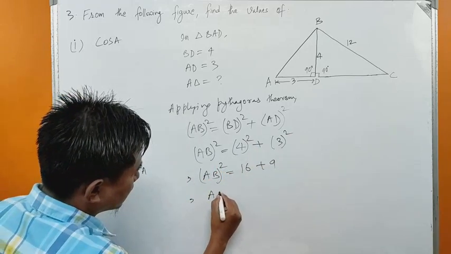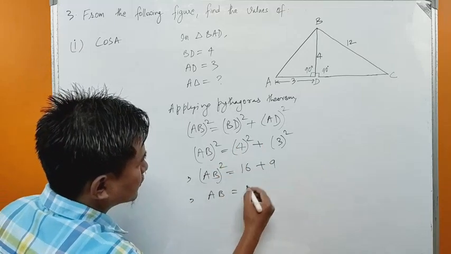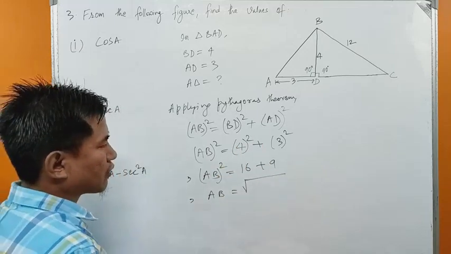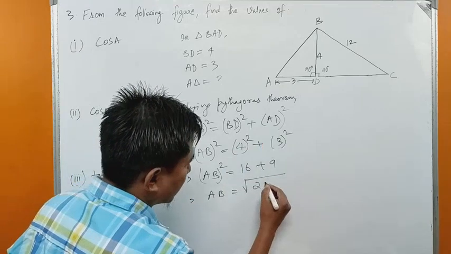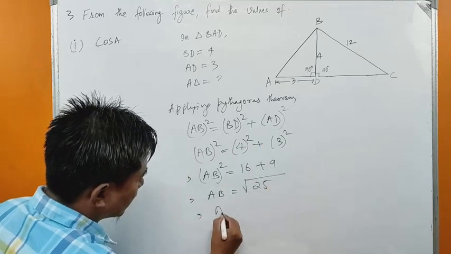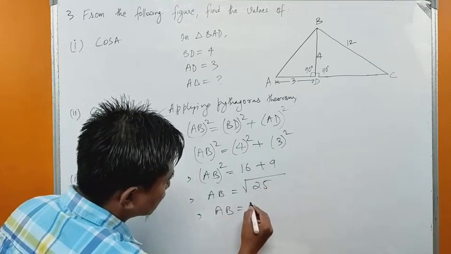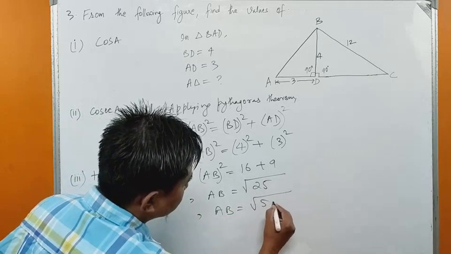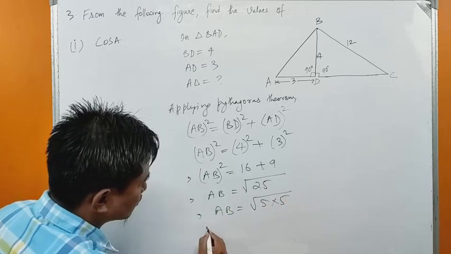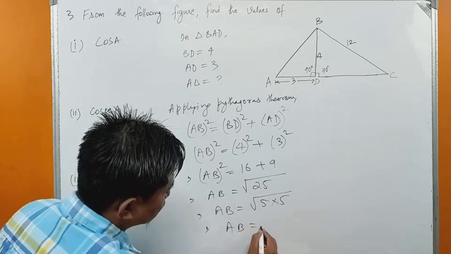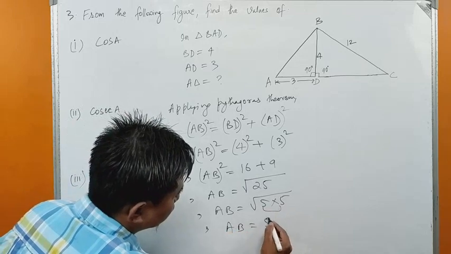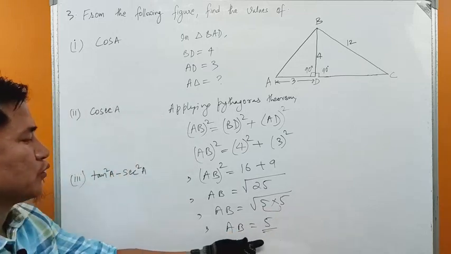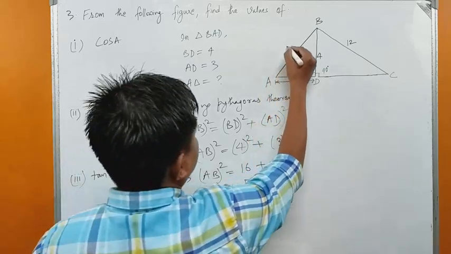Or AB equals, let's take the square to the right hand side, it becomes square root of 16 plus 9, which is 25, or AB equals root under 25, which means root under 5 into 5, isn't it? So AB equals, let's make the pair and free from the root, 5. So we found the value of AB is 5.